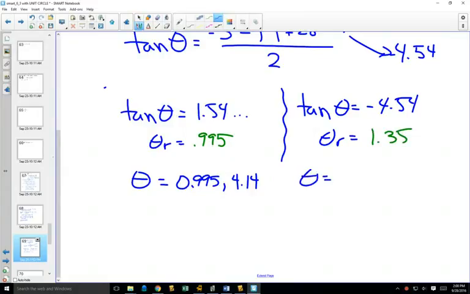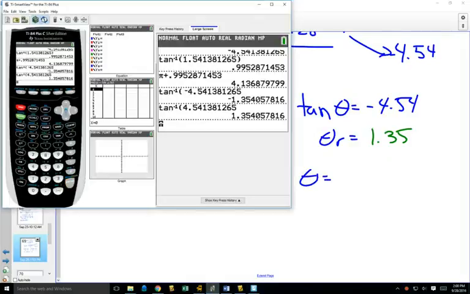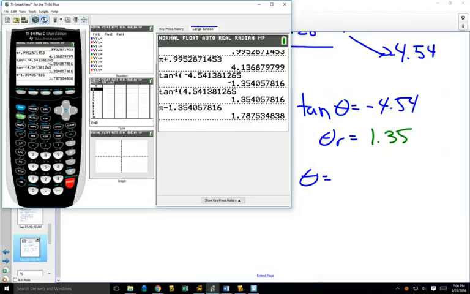Since it's negative, it'll be in quadrant 2. So in quadrant 2, we go pi minus this answer, 1.78.